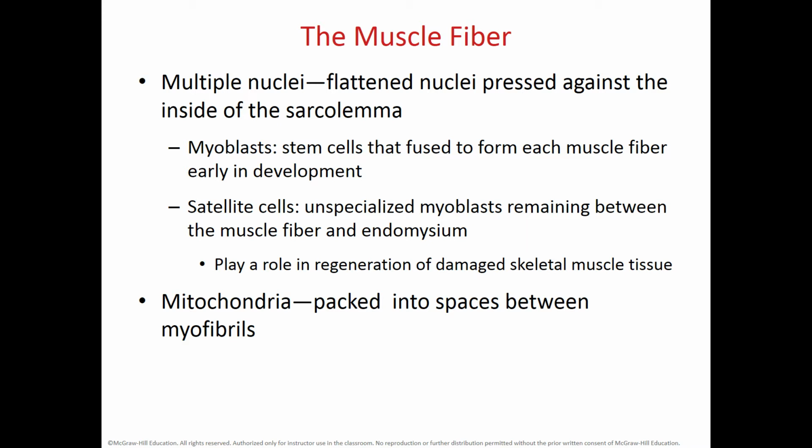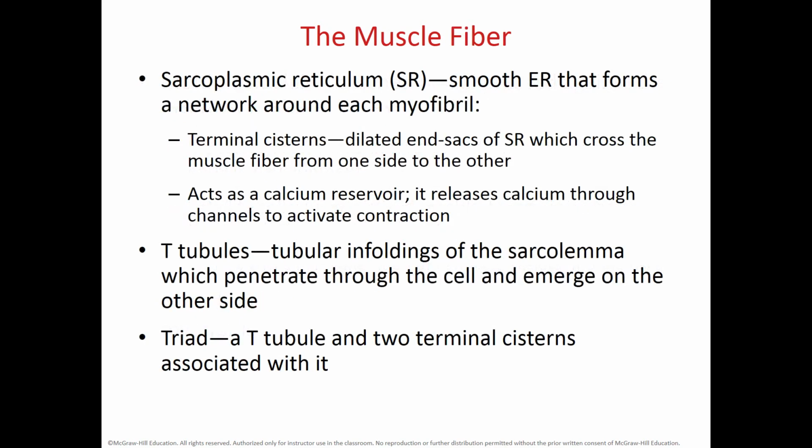Now, one characteristic of these skeletal muscle fibers is that they have abundant mitochondria, which are located in the spaces in between the myofibrils, and these mitochondria will be important to provide adenosine triphosphate, or ATP, for muscular contraction.